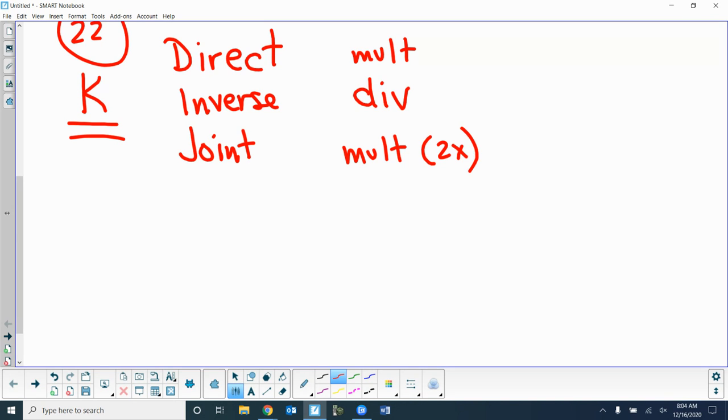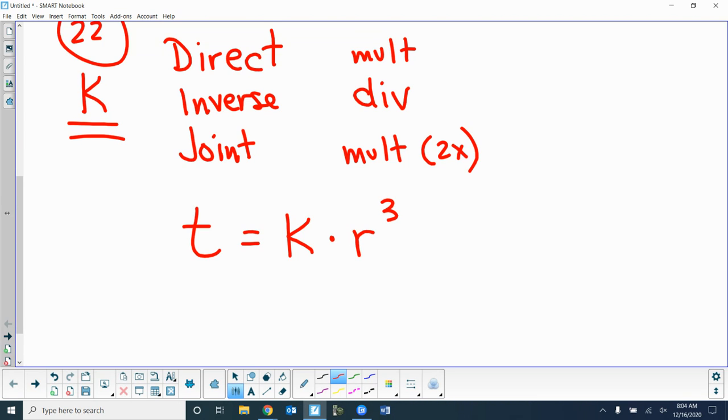All right, so here's what it said. It says, write the equation to express the relationship between the variables and use the given data to solve for K. So it says T varies. Whenever you see that varies, T equals K. Then it says directly, so times the cube of R. That means R to the third power.